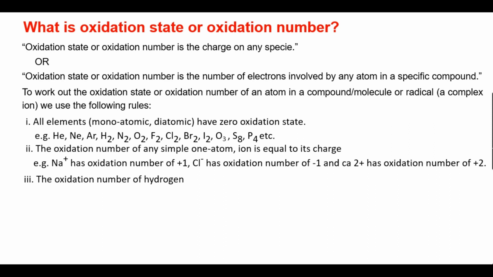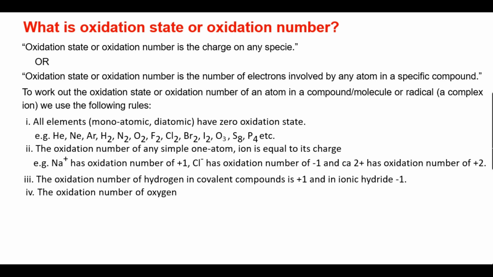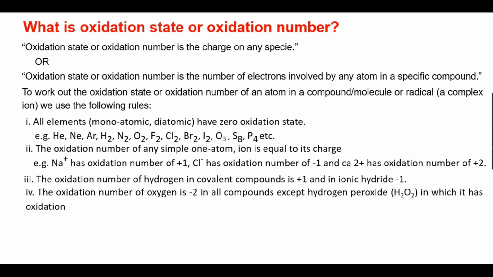Third rule says the oxidation number of hydrogen in covalent compounds is +1 and in ionic hydrides it is -1, whereas the oxidation state or number of oxygen is always -2 in all of its compounds except hydrogen peroxide, which has the formula H2O2, and in hydrogen peroxide the oxidation state of oxygen is -1.